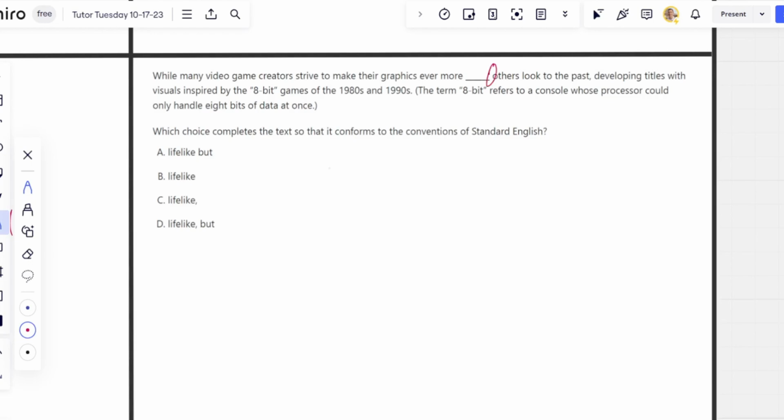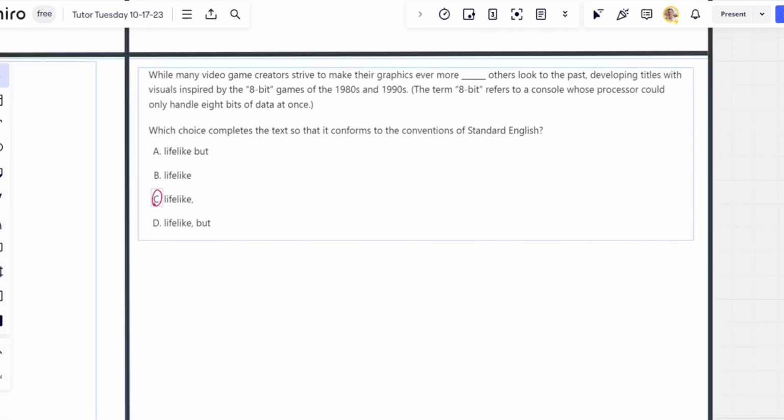It seems like there'd be a natural pause here. We have this dependent clause set aside by the word while, which introduces the sentence. And I know that after a dependent clause, we need to put a comma and then introduce the rest of the sentence. So I'm going to lean towards C.